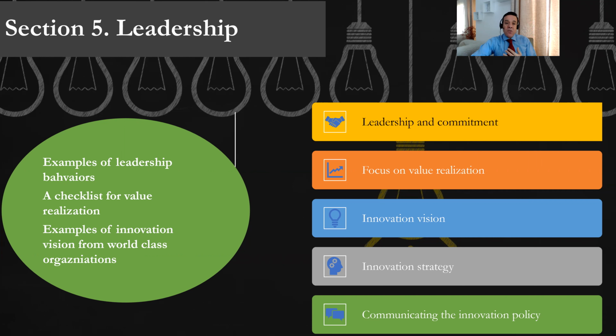So for instance, we gave you some examples on what we call leadership behavior that enhance innovation. What are the things that managers and senior leadership have to do in order to be able to enhance innovation and to entice innovative behavior? I'll give you examples.